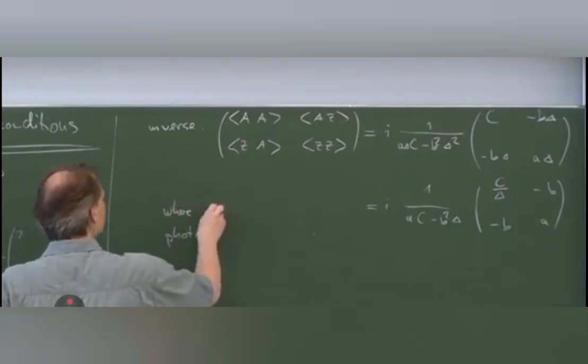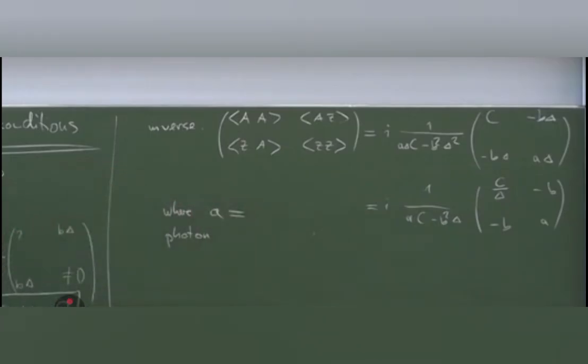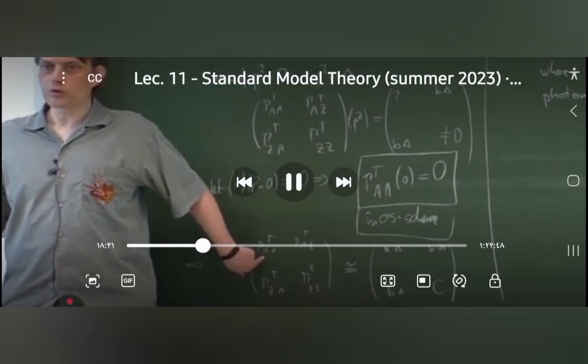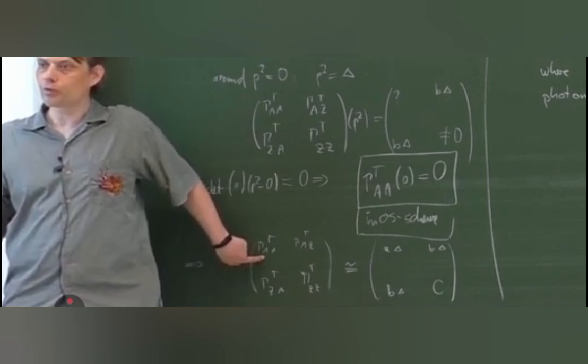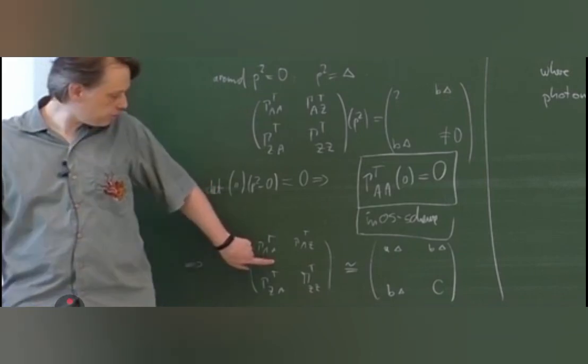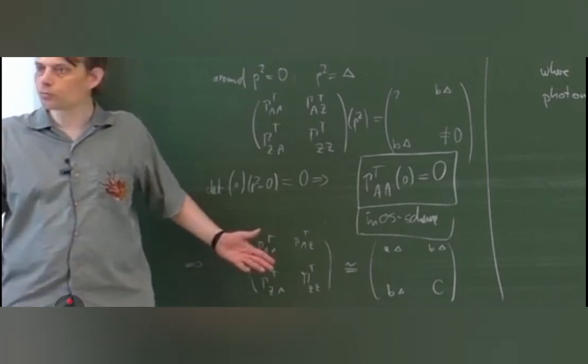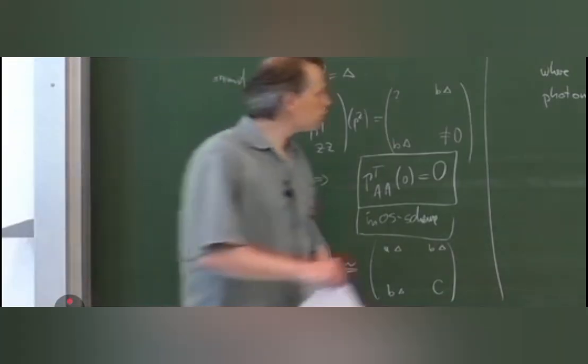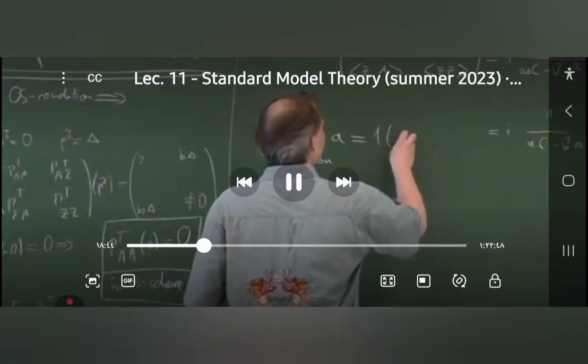Okay, let me add one additional item. What is actually A? A is the derivative of the 2-point function at 0 momentum, and for that we did have an on-shell condition, namely we said that this residue, this derivative should be 1. That was an on-shell condition. And so therefore A is actually 1 because of the on-shell condition.